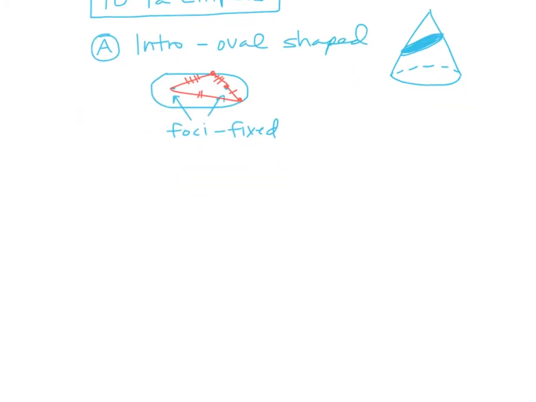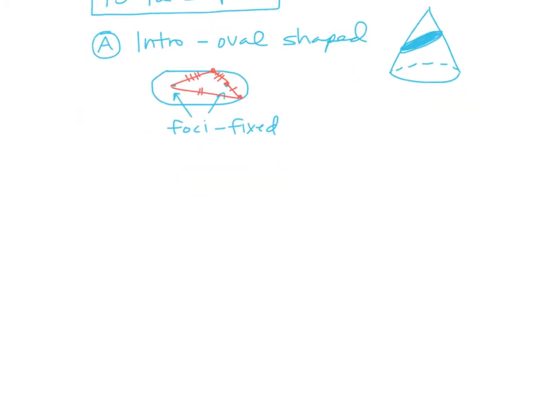There's an equation that goes with ellipses. And the equation is this. It will be x squared over a squared plus y squared over b squared equals 1.